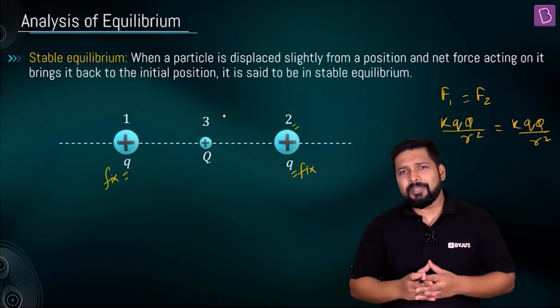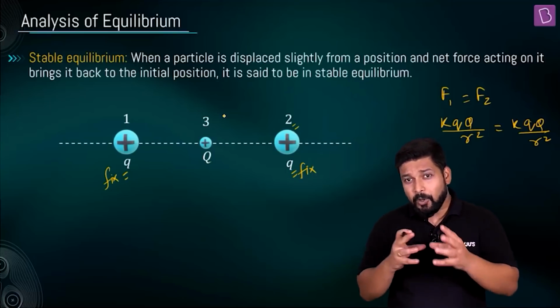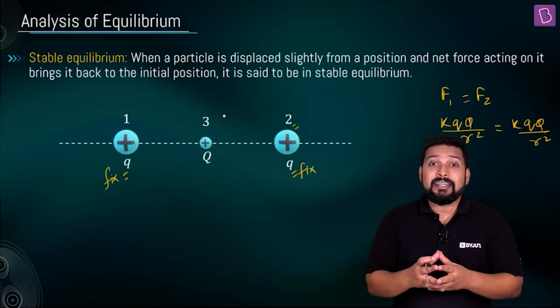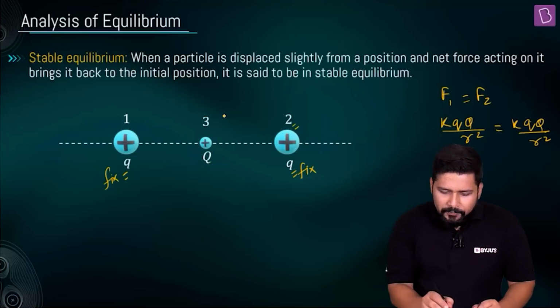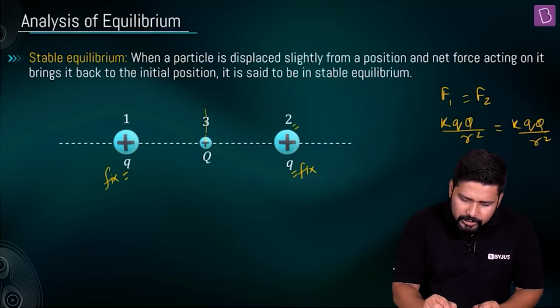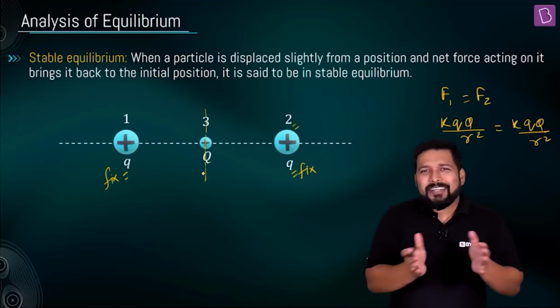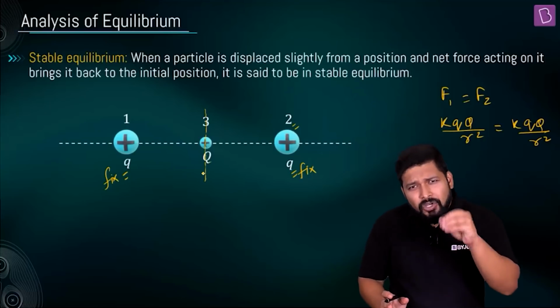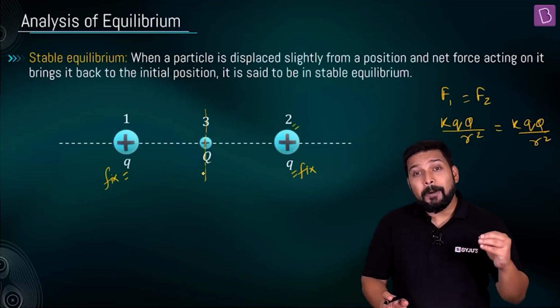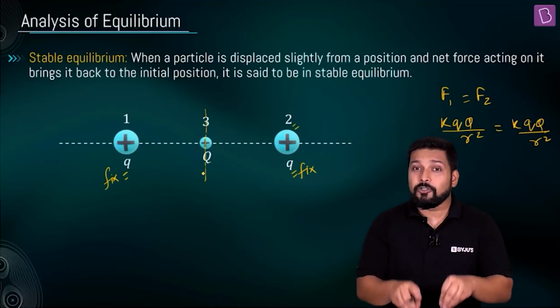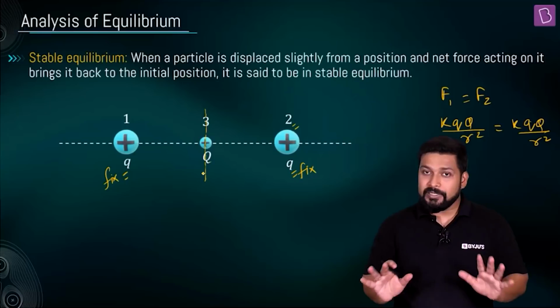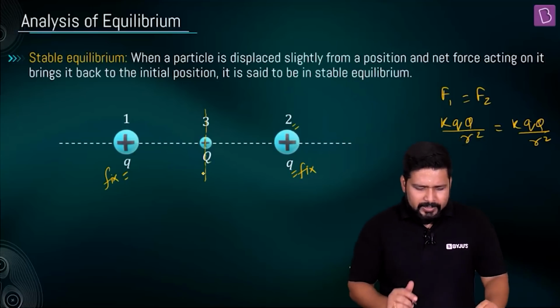Remember the concept that we had in terms of the spring block system, where I discussed in detail stable and unstable equilibrium, right? So if I disturb it left or right from the mean position, the tendency of the charge should be to come back towards its mean position. Then this charge will be said to be in stable equilibrium. Is this clear? Okay.